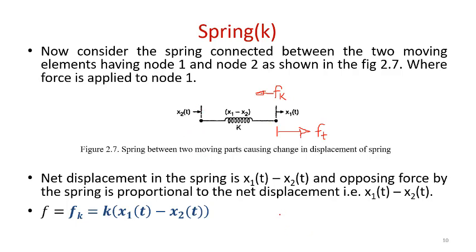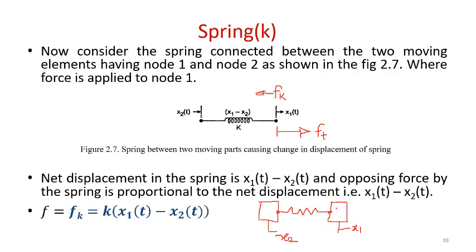When the spring is between two elements or between two masses, where we see this type of application is we have one mass at one end, in between we have the spring, and at another end we have one more mass. So the net displacement between them: this mass will have one displacement x1, and this mass may have another displacement x2, and there may be a change in displacement.